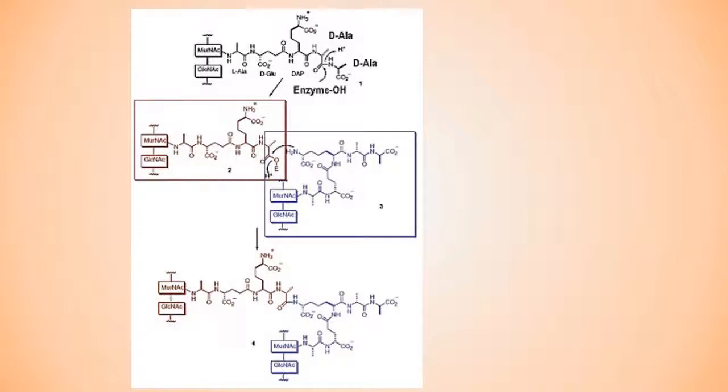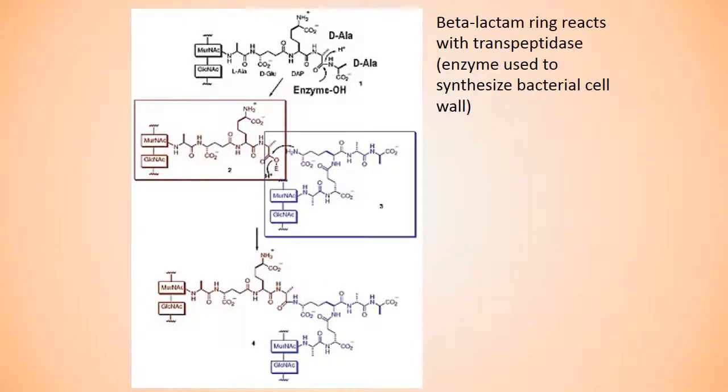All right, so here is how penicillin works within the bacterial cell. Something you need to know about bacterial cells is they have a cell wall, and the majority of that cell wall is made of something called peptidoglycan, a network of molecules that spider-webs to create a really strong structure.